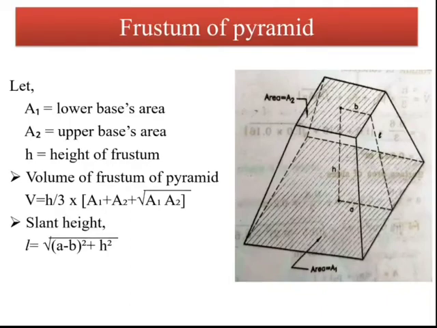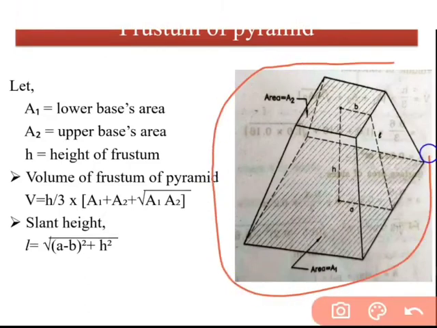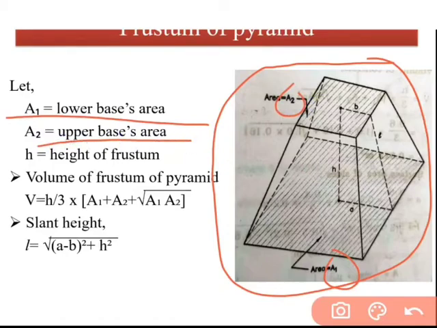Now we take a pyramid which has a square base. First, I will draw the figure of the frustum of pyramid. You can see the figure: capital A1, that is lower base area, A2, that is upper base area, and height small h, it is the height of frustum.